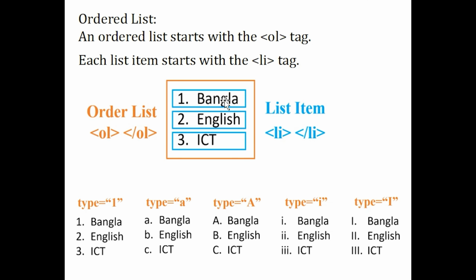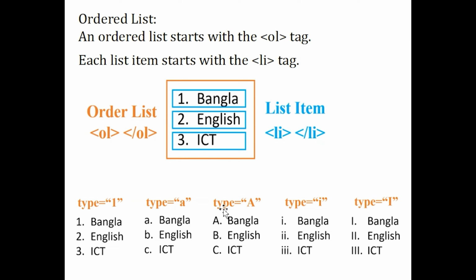Each item, say Bangla, English and ICT, is one list item, so each one starts with LI. There are different forms of list items: one starting with 1, 2, 3 and so on, and alphabetic, lowercase a, uppercase A, and Roman numbers, lowercase i and uppercase I as well.